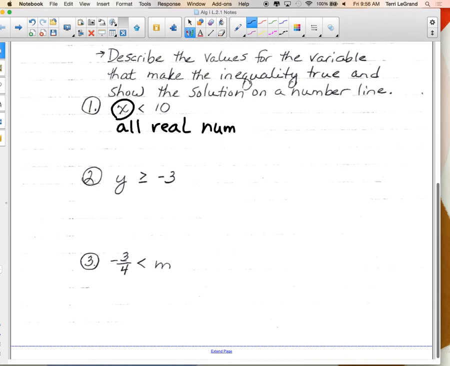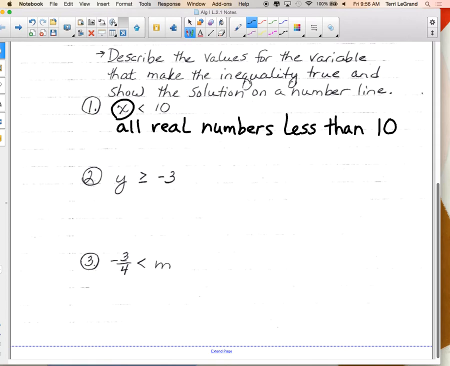Right now we're not saying the whole number line, but we are saying from the number line, by stating all real numbers less than 10. Now notice we didn't use the word "is" there, did we? Because we're not reading the statement.